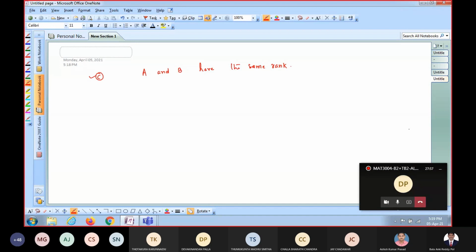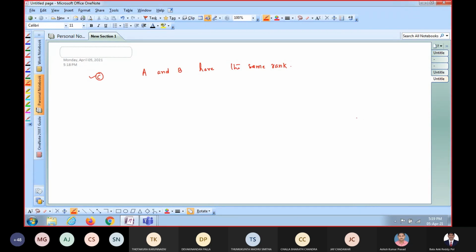See, A and B have the same rank. So how can we prove this? Because this requires some exercises to be performed.